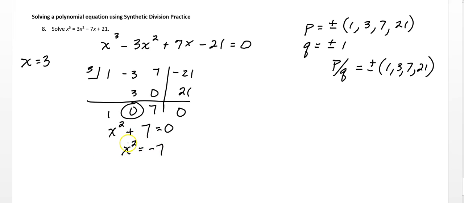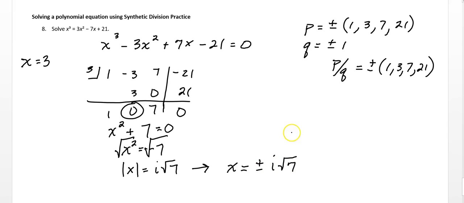And we don't have a linear term, so we can use the square root property. Which means x is equal to plus or minus i square root of 7. So there are the 3 distinct zeros of 3 and plus or minus i square root of 7.